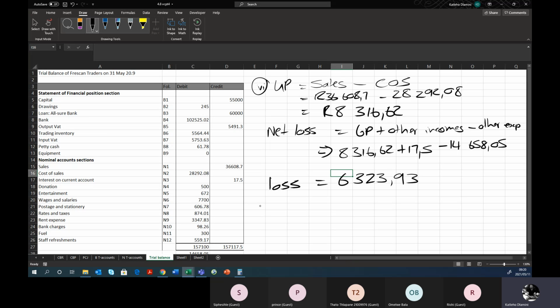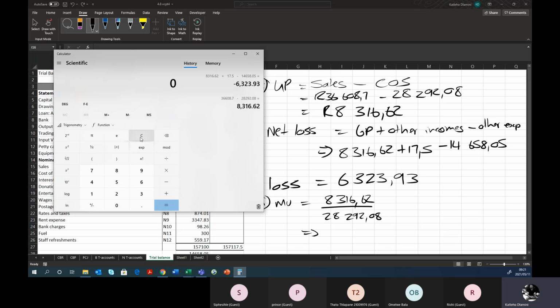Okay, so my profit for markup is profit over cost price, right? So my profit is 8,316 Rand and 62 cents. My cost price is 28,292 Rand and 8 cents. You need to fix what's in the textbook because what's in the textbook is a lie.